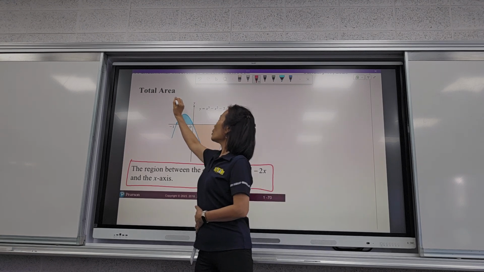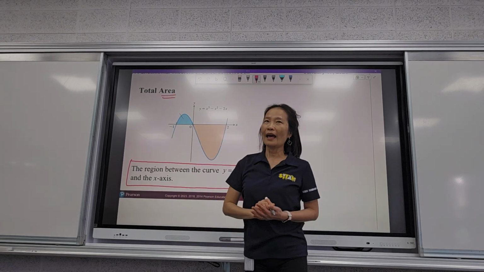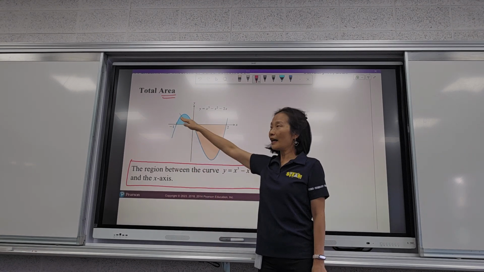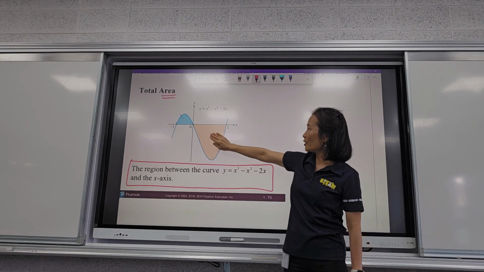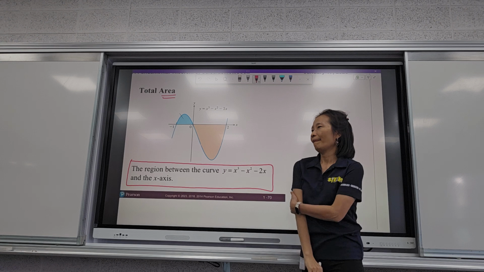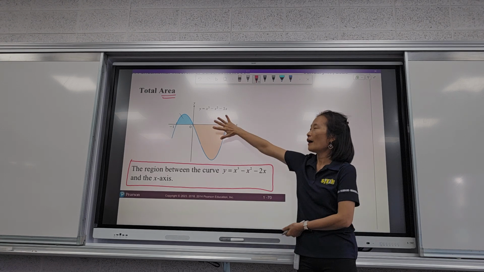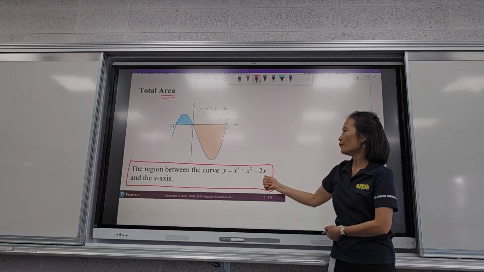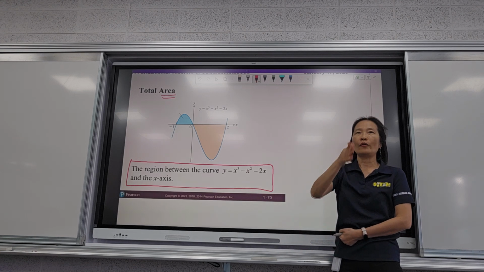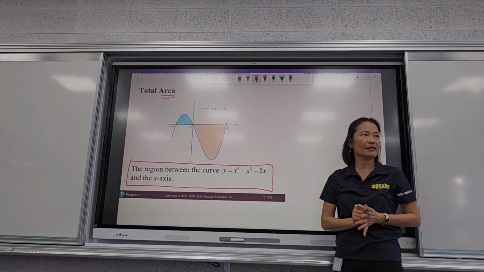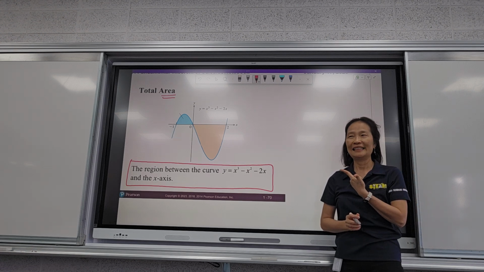When I ask you to find the total area, remember I want to add the positive area as well as the negative integral here. So without the graph given to you, what is your first step to find the total area bounded between the graph and the x-axis? What's your first step?